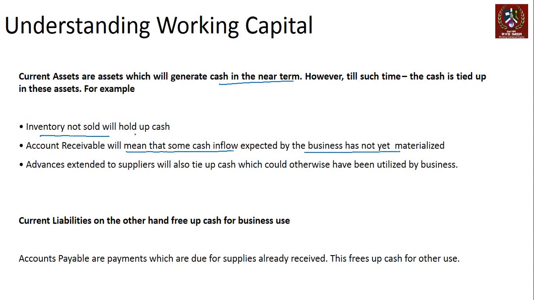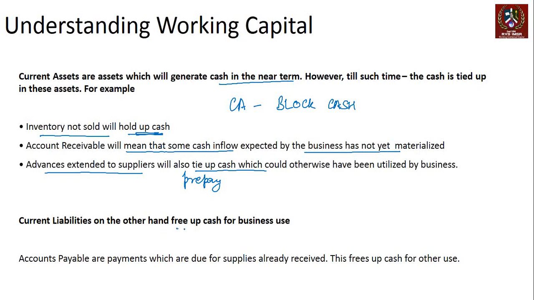Inventory, if it is not sold, will also hold up cash. If I extend an advance to my supplier, or prepay any expense, then that will also tie up cash which could otherwise have been utilized. So current assets in general block cash in the business. This cash should have been released, but it has not been released as yet, right?